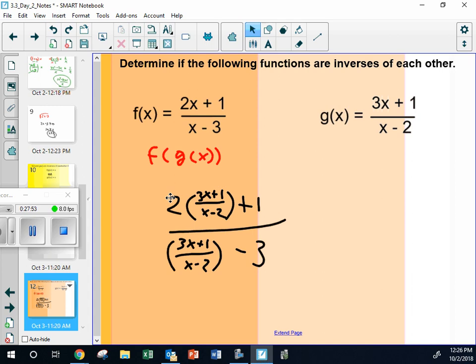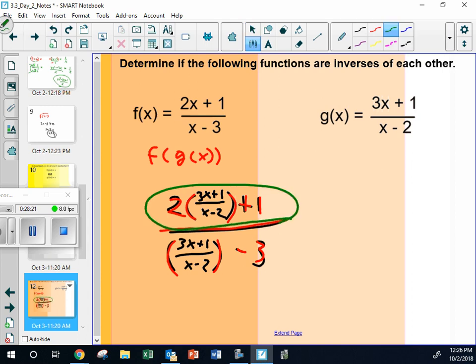That's the f function, which maybe I'll write in red here, eating the g function. Now, what has to happen next? You actually add the top. In a fraction like this, there's parentheses up there, and you've got to add that all together first.